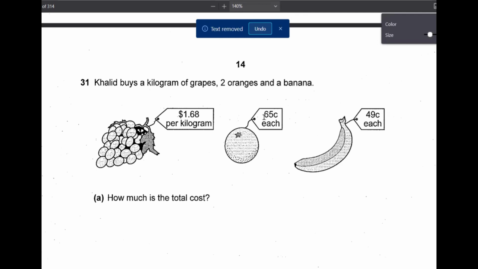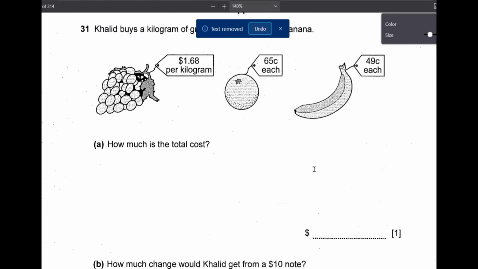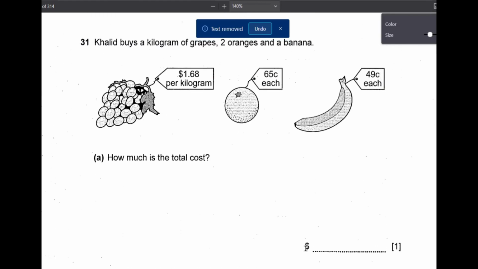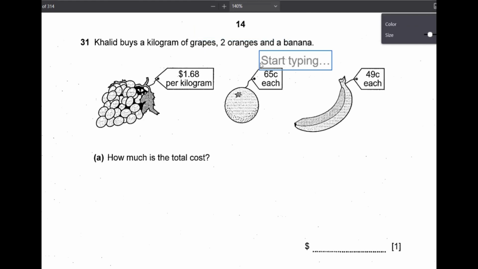And here this is 65 cents, and this is 49 cents. You need all of them to be in the same unit. Like if you look here, the answer is given in dollars, so you need to change all of them to dollars. This one is going to be $0.65, and this one is going to be $0.49. You need to make sure you make them dollars because your answer here is wanted in dollars.